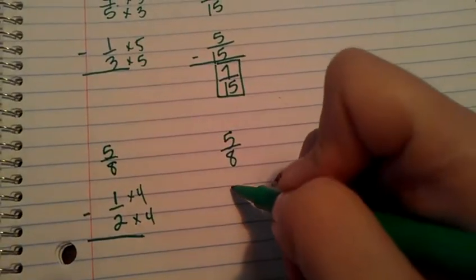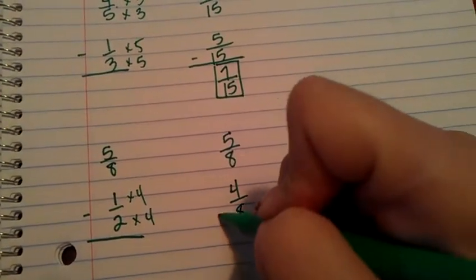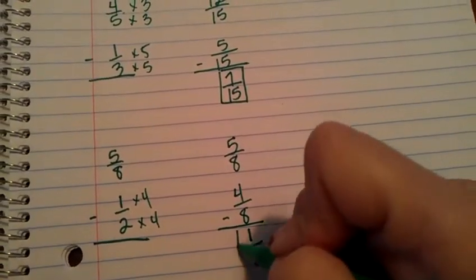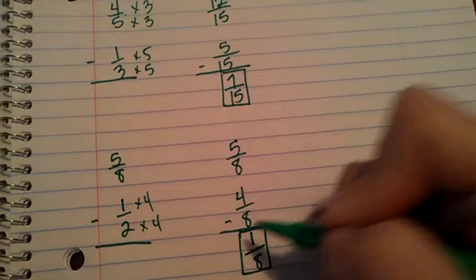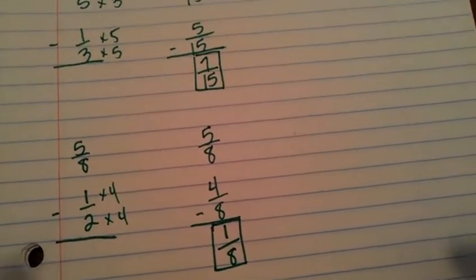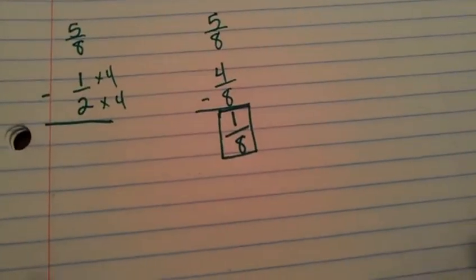This fraction becomes 4/8. 5 minus 4 is 1. Keep my denominator, 1/8. And that is our final answer. It cannot be reduced. Okay, those two fractions turned out kind of nice and clean. No borrowing there, no reducing there. Let's take a look at this one.